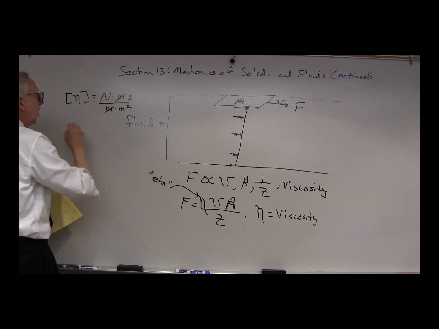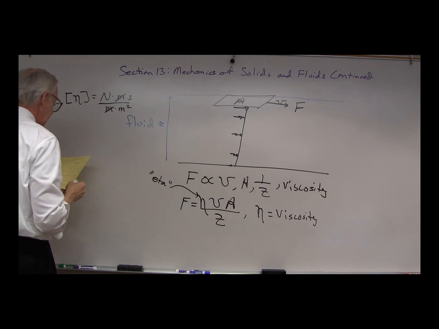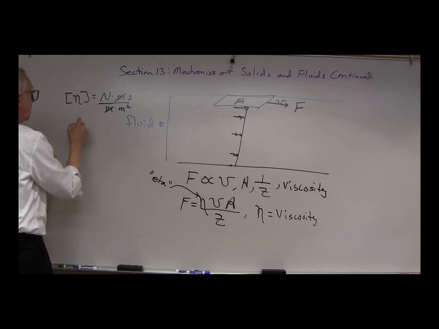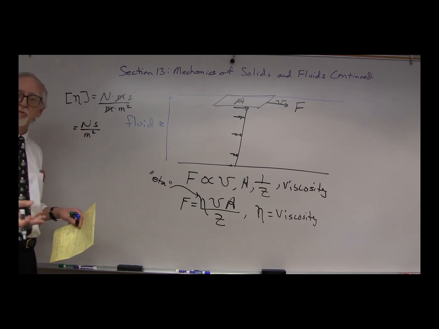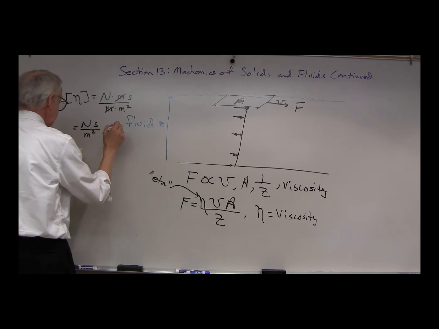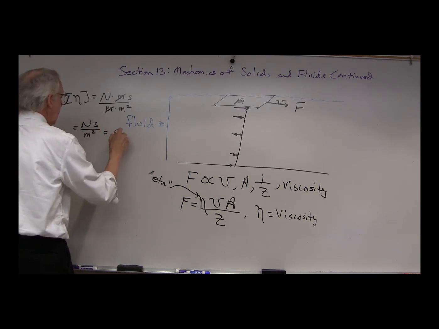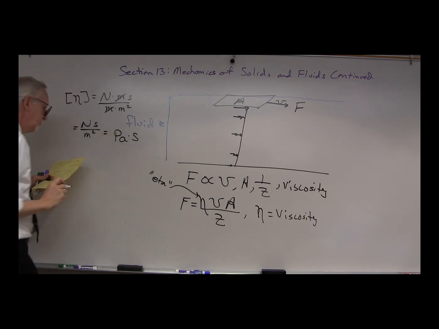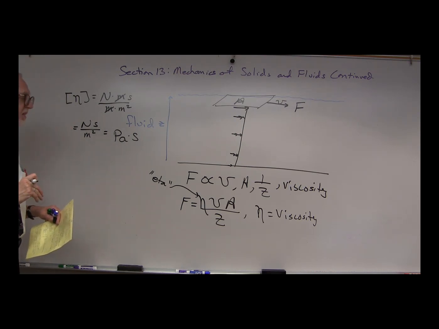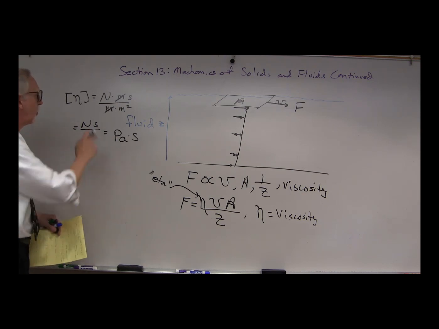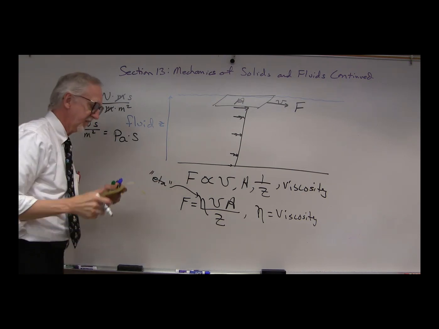And so what we end up with are newton seconds per meter squared. What is a newton per meter squared? Well, that's a pressure, that's a pascal. So this is a pascal second. There we go. We'll leave it at that. That's the standard SI unit, a pascal second, for eta, the viscosity.